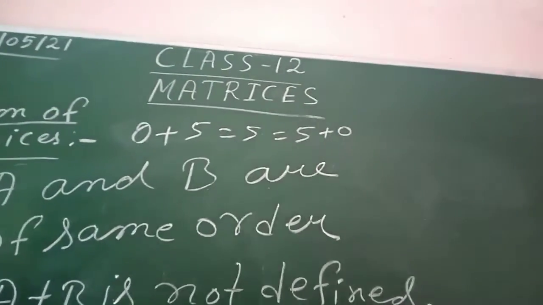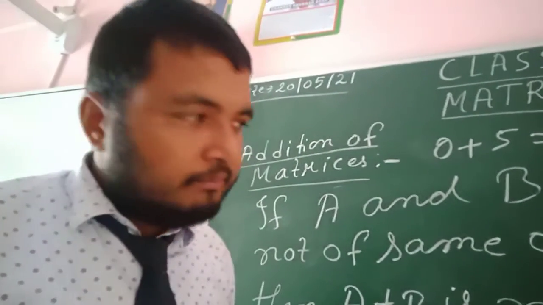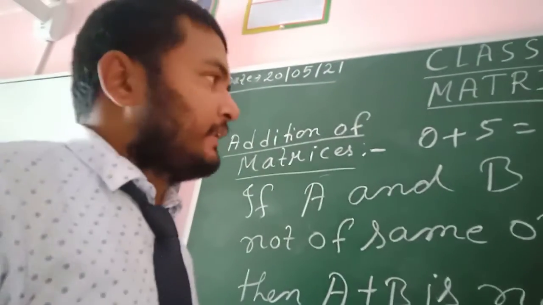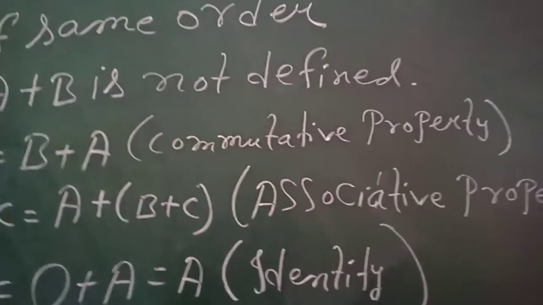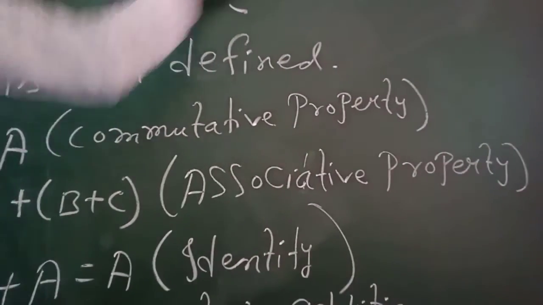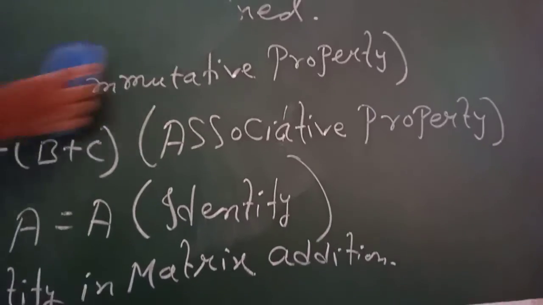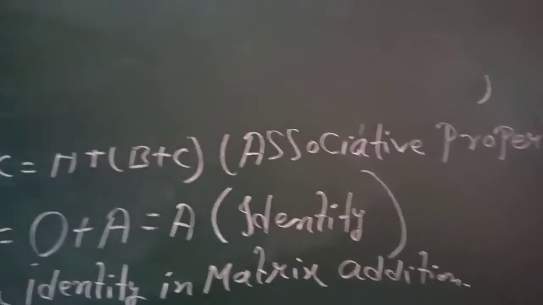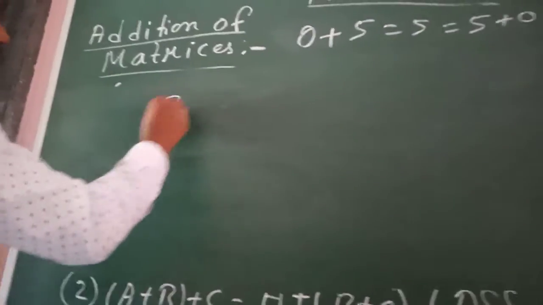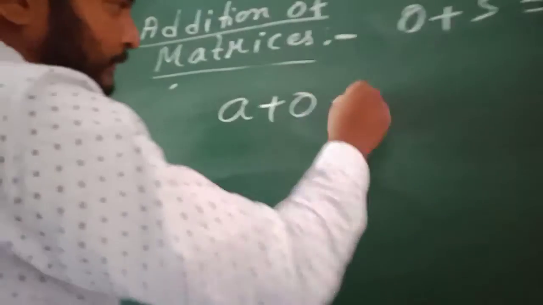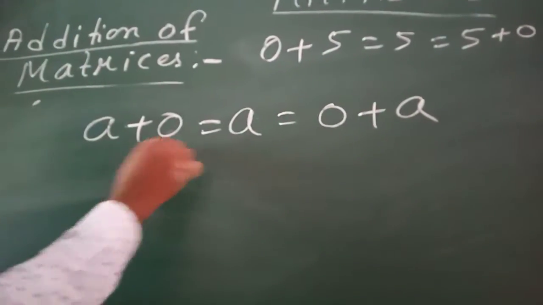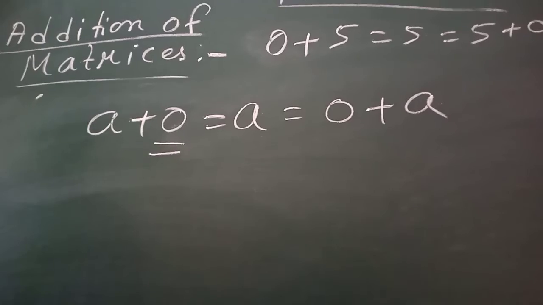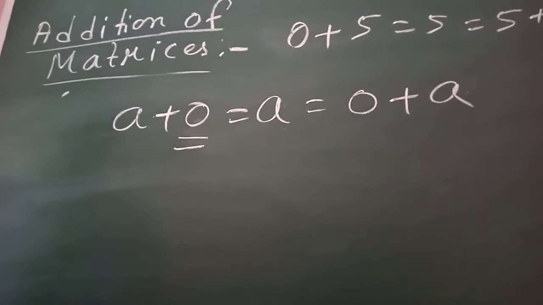So 0 is the identity in case of algebraic sum. You learned in lower classes that if A plus 0 is equal to 0 plus A, then this 0 is the identity. In case of addition, 0 is the identity.